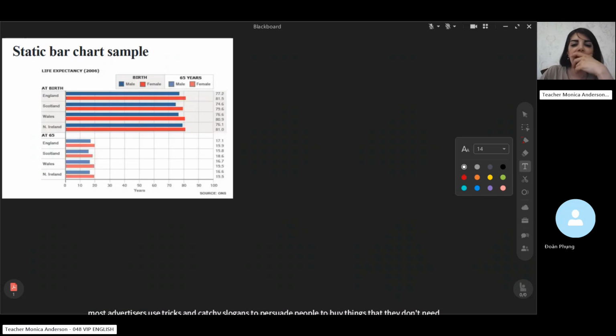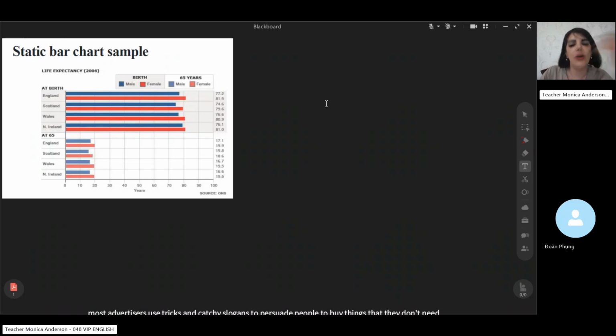So from the beginning, let me state the trends and the main features. Can you see the screen now?